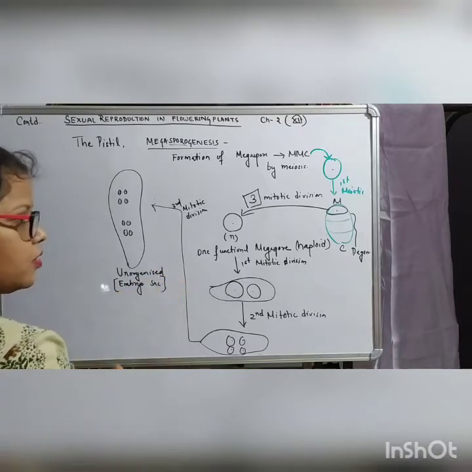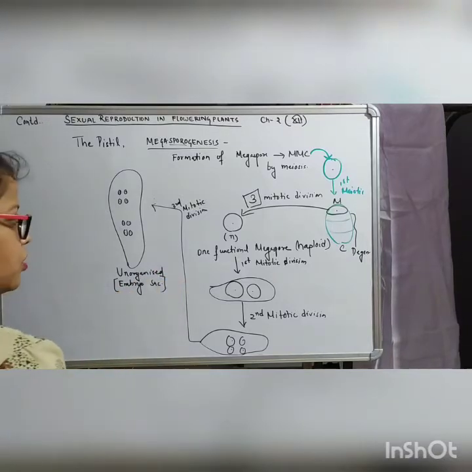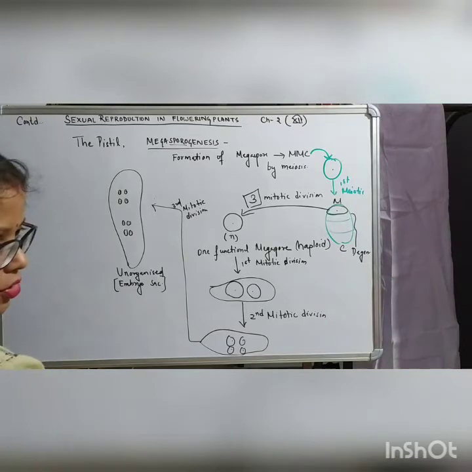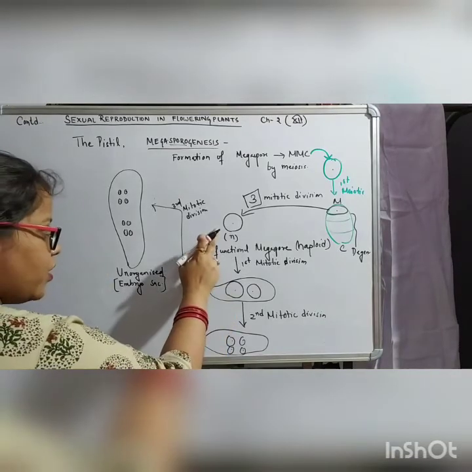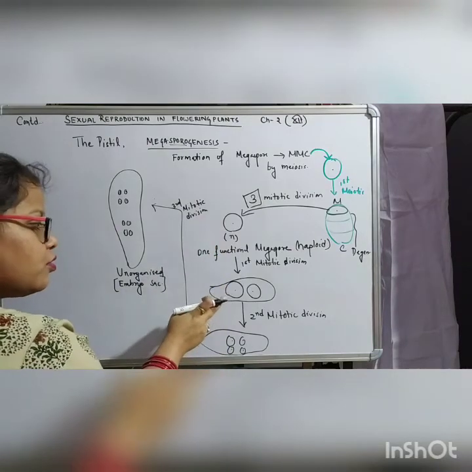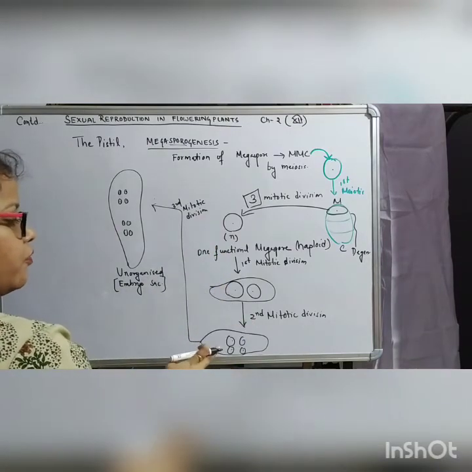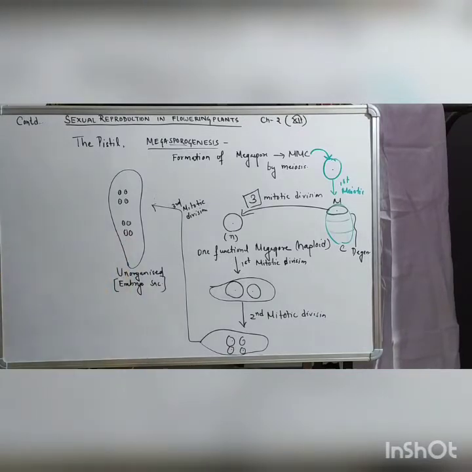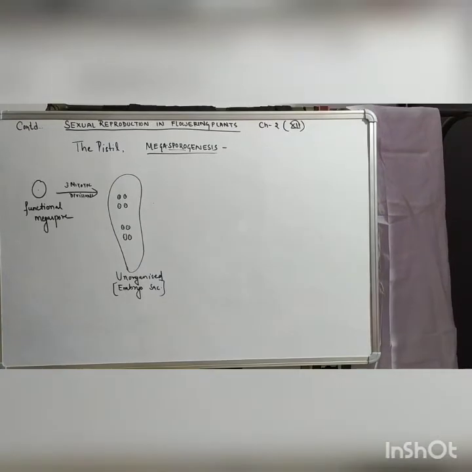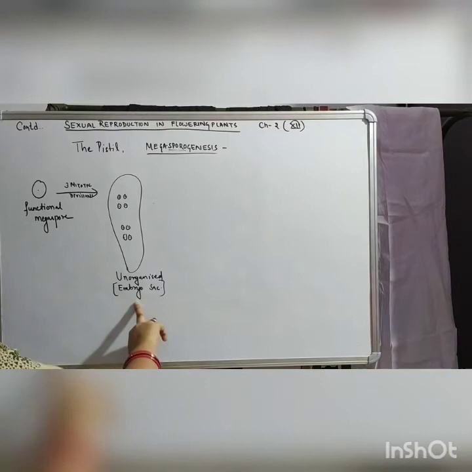Unorganized, because we are going to talk about the organized embryo sac after this. The first mitotic division gives 2 daughter cells, the second gives 4, and the third gives 8 daughter cells. So now we have ended up with an unorganized embryo sac.